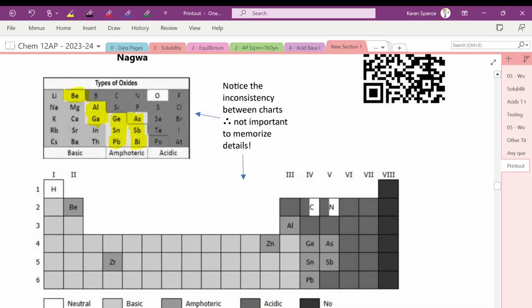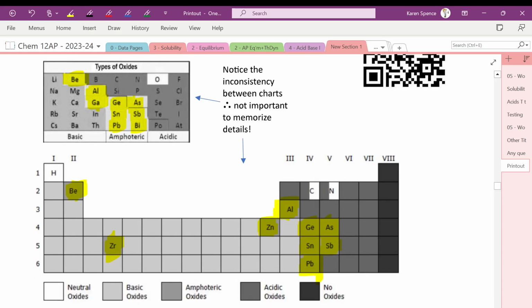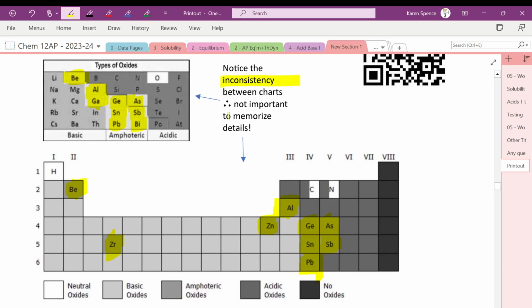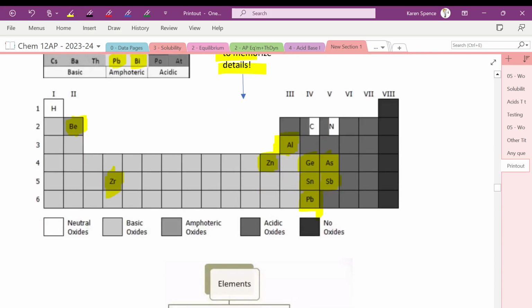Okay, and then according to this one, these are your amphoteric ones. Where did zirconium come from? And I know that iron, I think, is another one, but you know, that's all I have to say about that. Okay, notice the inconsistency. Therefore, it's not important to memorize the details. Just know the big broad strokes.